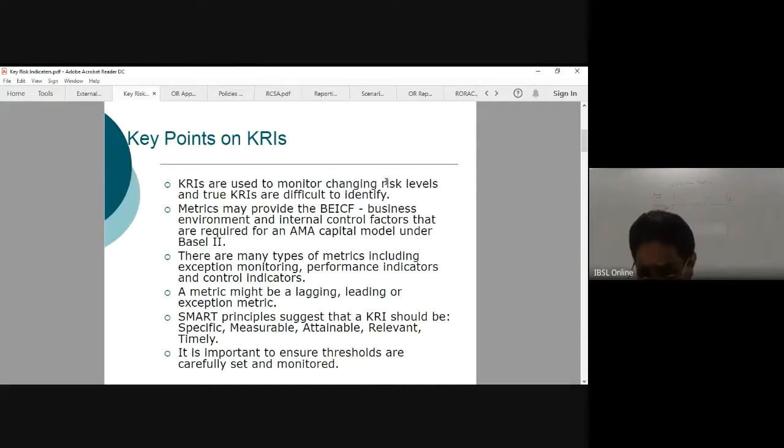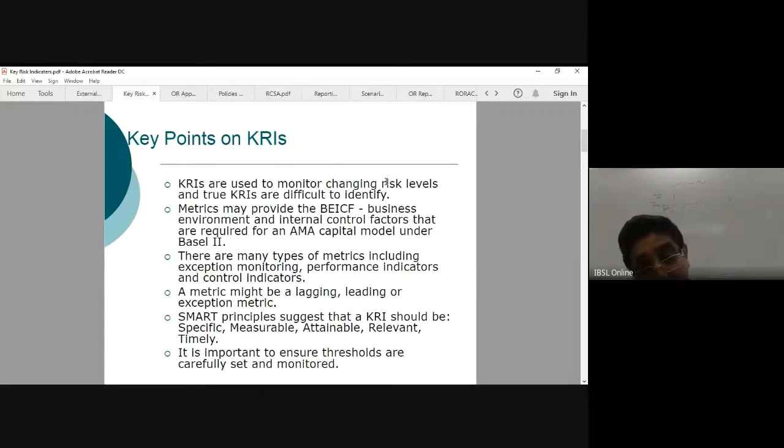Now, I can give a small example of a KRI. Say, for a branch, you can say number of ATM breakdowns per week. Number of ATM breakdowns per week. So that's a type of KRI.